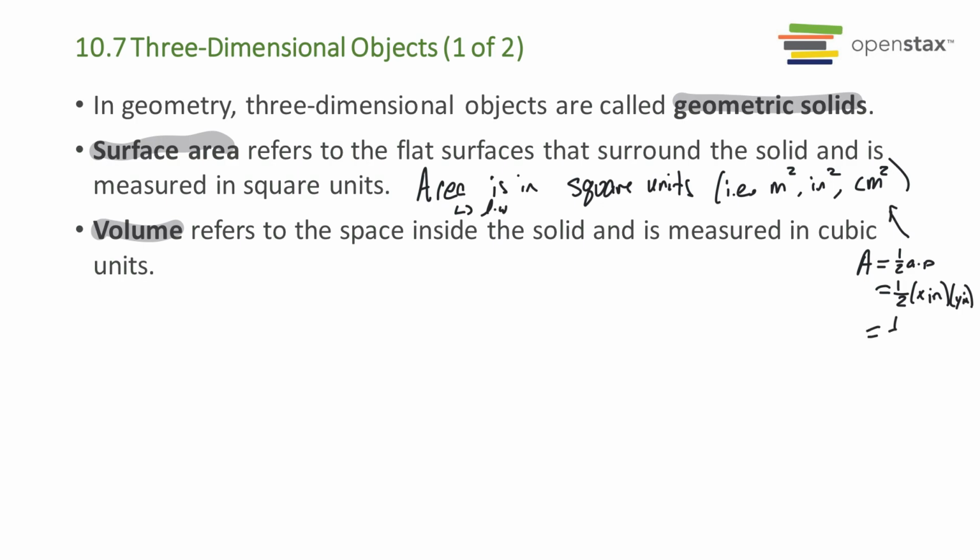So that's just 1/2 x times y, and inches times inches is inches squared. So you still get square units from the area of a regular polygon.